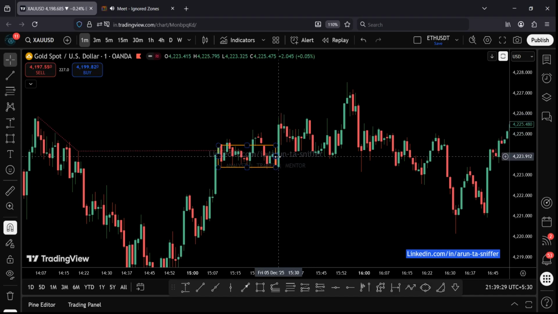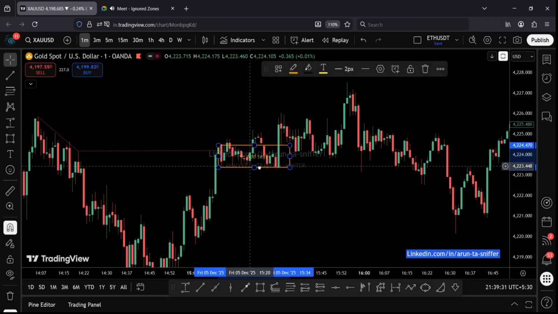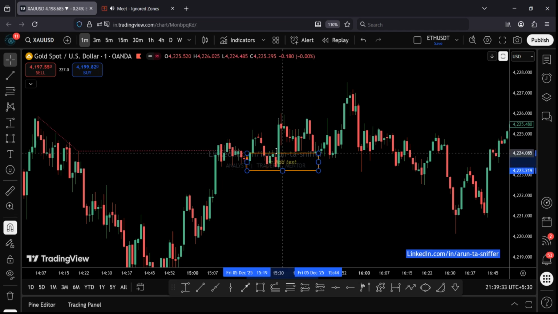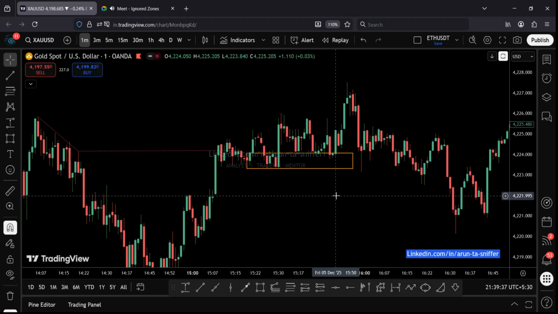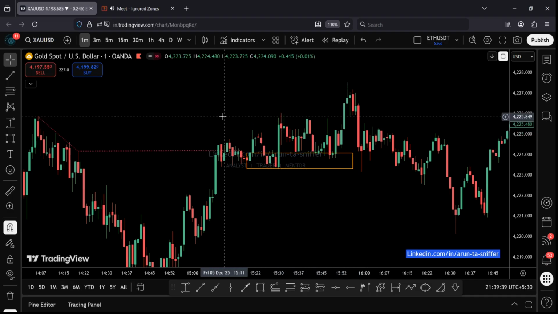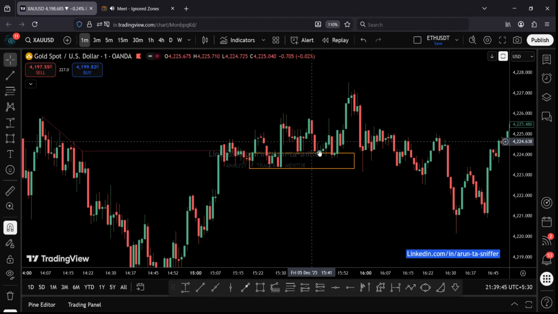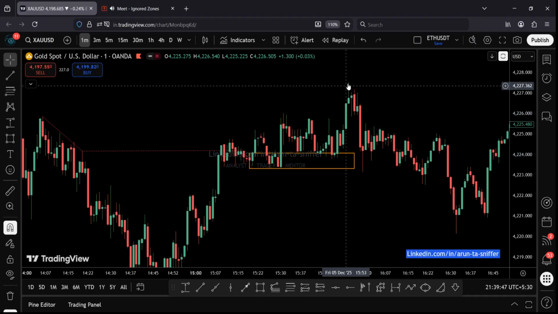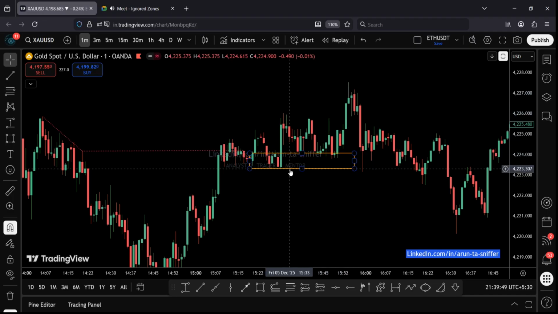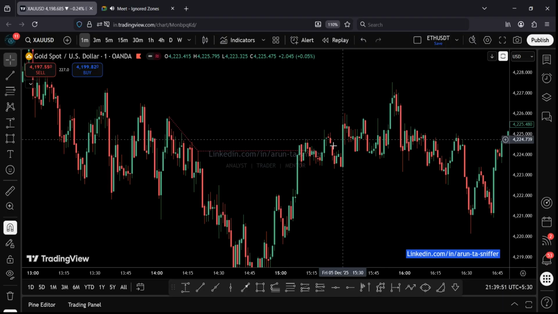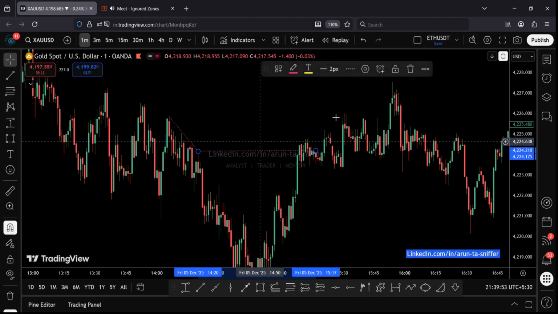After this, a zone was created here. Lowest it came till here. After breaking this compression, price comes down again and then goes back up again. This is an example of an ignored zone in compression.